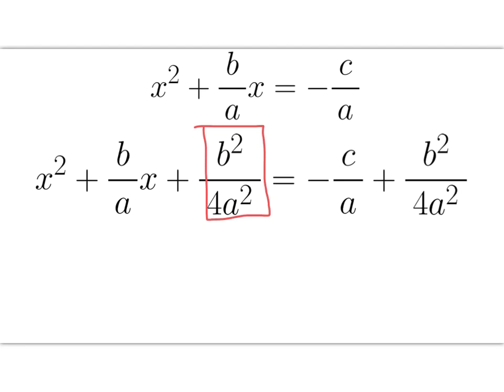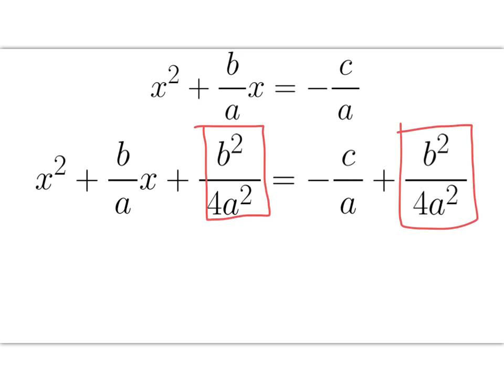And this number has some very special value that you're going to see as I advance to the next line. But just take it on faith that this is the number that we want to add for right now. I've chosen b squared over 4a squared. And if I add something to the left-hand side, I better add it to the right-hand side as well.